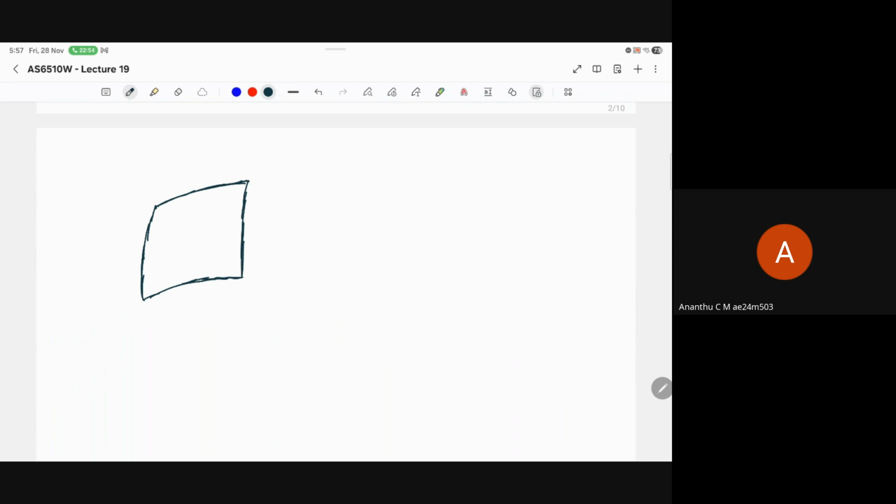So this is an exaggerated view of the small element out of the membrane. Okay. So on this membrane element, let us denote the axes. So we have these axis systems.